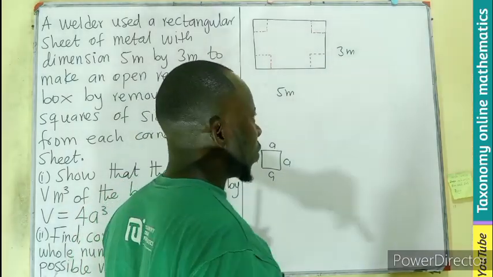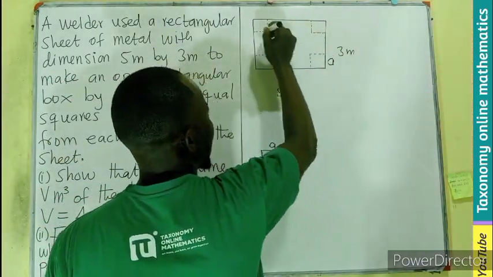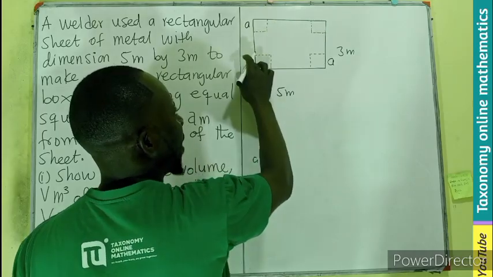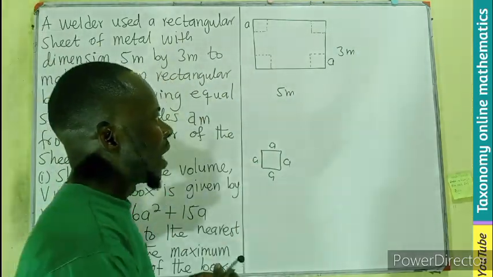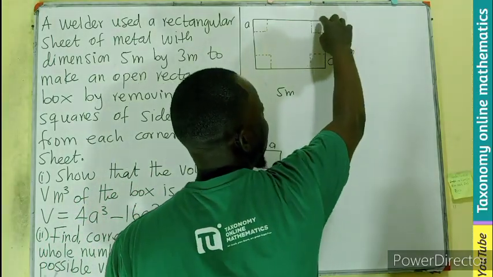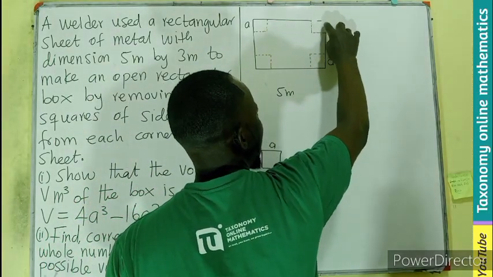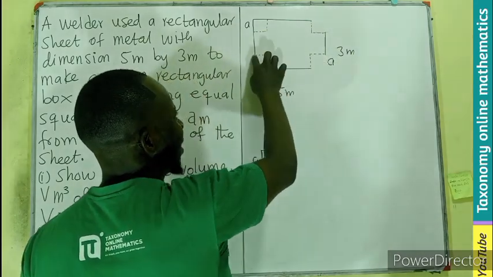Good. So this dimension is going to be a. Here will also be a throughout, all surrounding it. Now they say removed. So if this part is taken off, this part is removed from the metal.